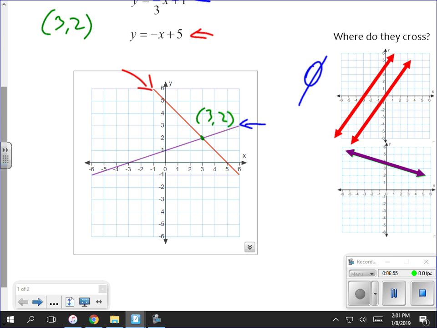So what we say in this situation is we have an infinite number of solutions. Because every single xy coordinate that works in one equation also works in the other. And a line is an infinite number of points. Okay? You can't count them specifically. There's an infinite number of points. Okay?